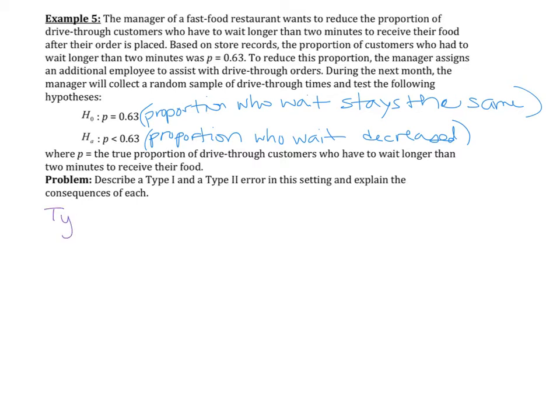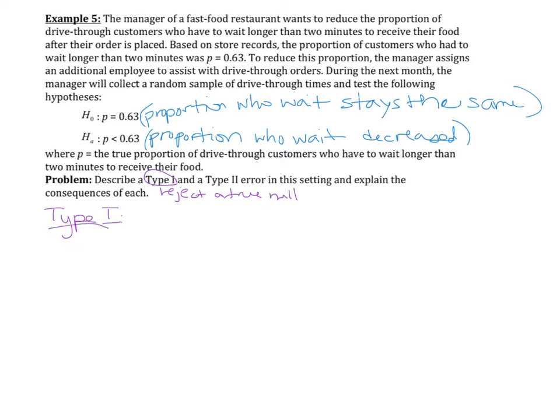So a type 1 error, remember, means we reject a true null. And in this case, if the null hypothesis was true, that would mean the proportion stayed the same. But rejecting it would mean that we thought, or the manager thought, that the proportion decreased.